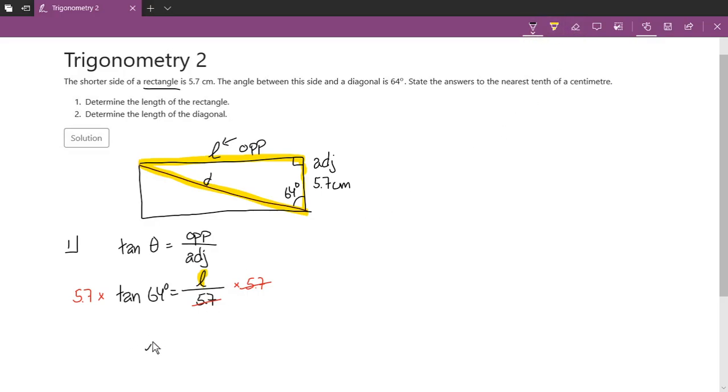So we're left with L equals 5.7 times tangent 64 degrees. And now it's just a matter of running this through a calculator. If we do that, we find that the length to the nearest tenth of a centimeter is 11.7 centimeters.